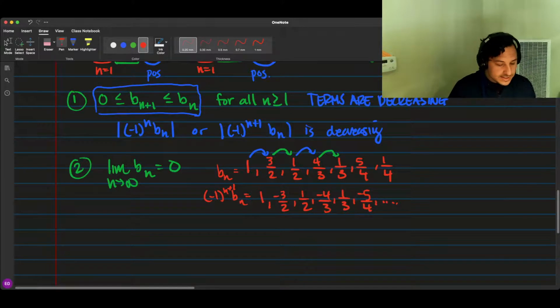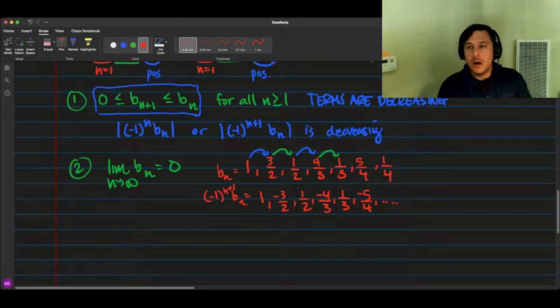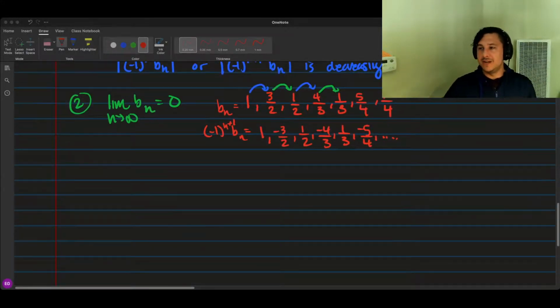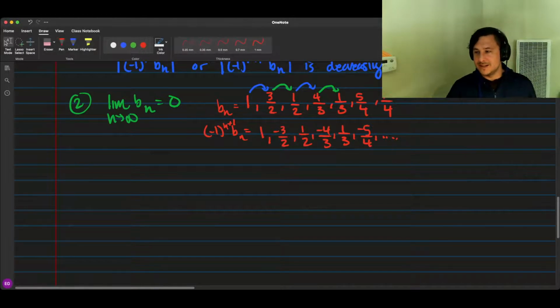Okay, so let's do an example of this to show that it works, or to prove some things converge or not. Alright, so we shall do an example. How would you actually use this in practice?